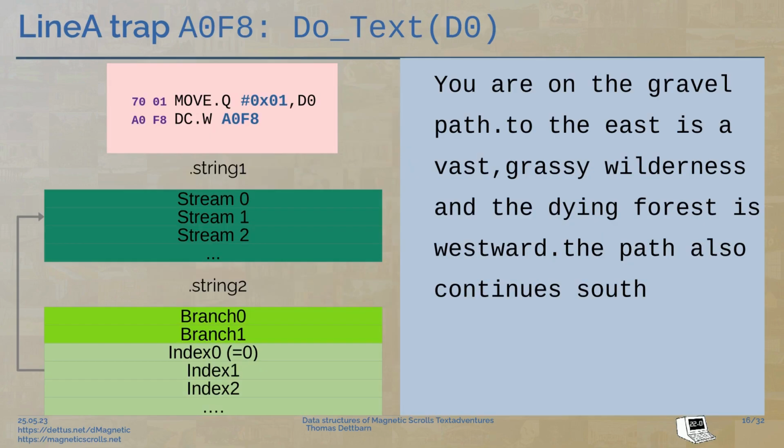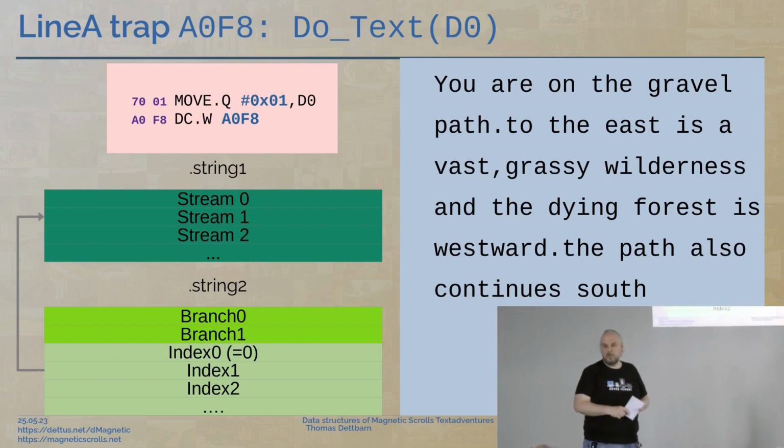Okay, great. And now that we know how those data structures look, the question was, how does it actually work from a programmer's perspective? So as I said before, all the games were written in 68,000 assembler. You guys remember?